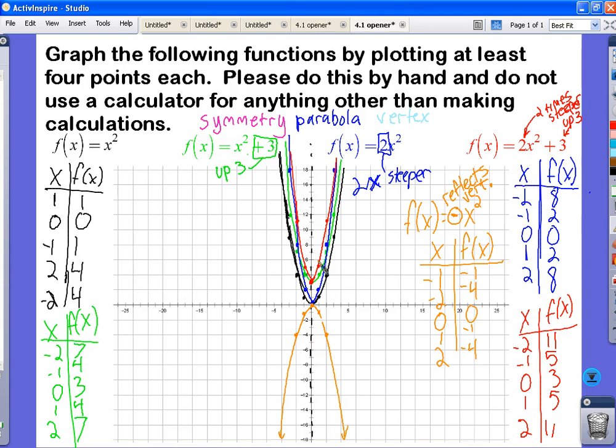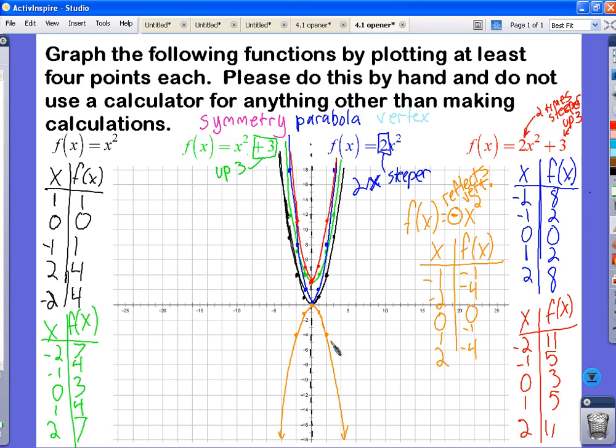So if we wanted to change the horizontal, we would want to mess around with what? Not the y, the x. So we want to do stuff to x before we square it. Change the x. When you put something in for x, change it first, then square it, and see what happens. We'll do that in a little while. Putting a negative in front of x squared will flip everything upside down. It'll reflect it vertically.